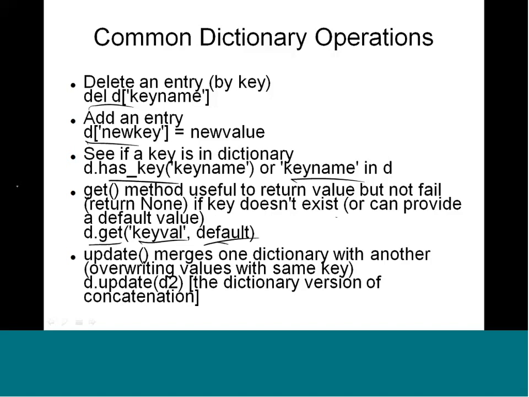Update merges one dictionary with another and overwrites the values with the same key. The usage is update D2, the dictionary version of concatenation.